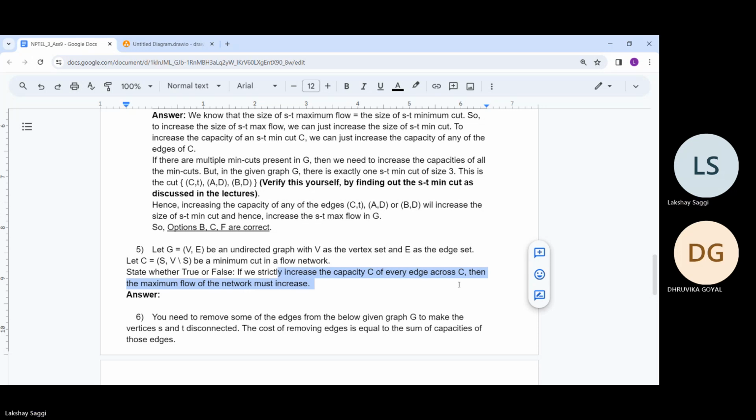I've kind of discussed this thing before also. So would you like to try this out, Dhruvika? This is the question whether this statement is true or false. I have discussed something like this in the previous questions also. The problem says that if we strictly increase capacity C of every edge across C, then the maximum flow of the network must increase.